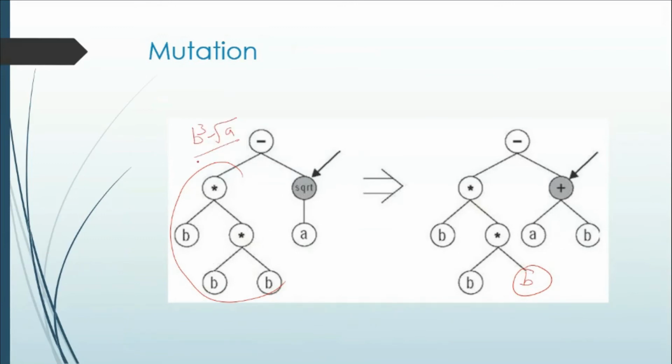So it is replaced with b cube minus ab, sorry, a plus b. So this is a plus b. This square root of a is replaced with a plus b. That is the way the mutation operator is employed in the case of genetic programming.